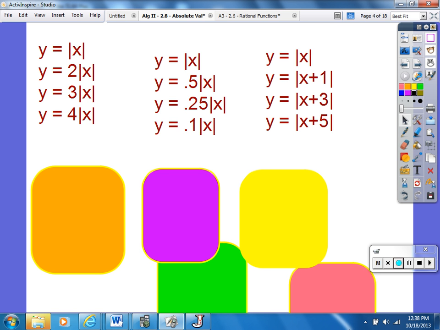What's your group say? Okay, so Brayden, you said you think it's going to move up one, and Alec, you're thinking it's going to move to the right.